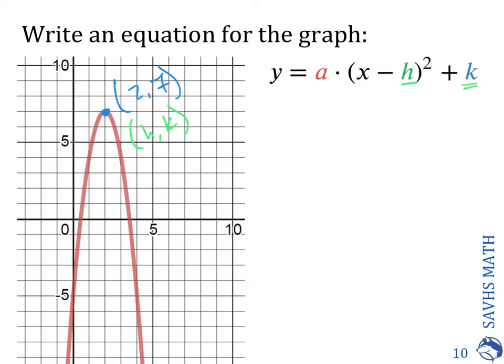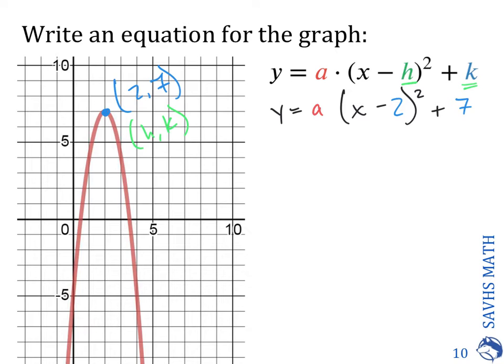So I would write y equals a, I still have to keep the a there because I don't know what the scale factor is yet, times (x minus 2) squared plus 7, since h is 2 and k is 7. It sure seems like I'm close to being done.